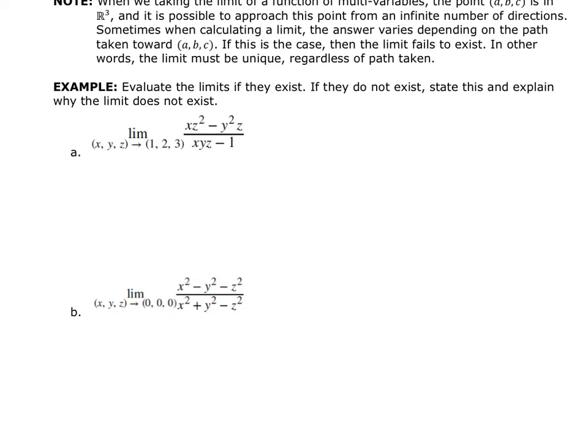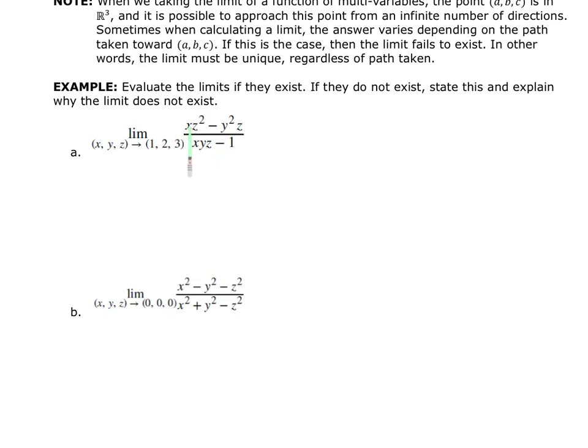Now we know for our first example that if I put 1, 2, and 3 in, I just want to make sure that this doesn't become 0, and it won't. 1 times 2 times 3 minus 1 is not going to give me 0. So by the quotient rule, I take the limit of the numerator separately from the denominator.